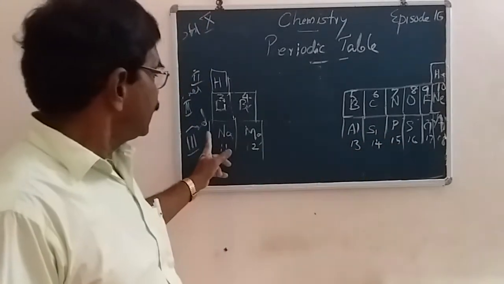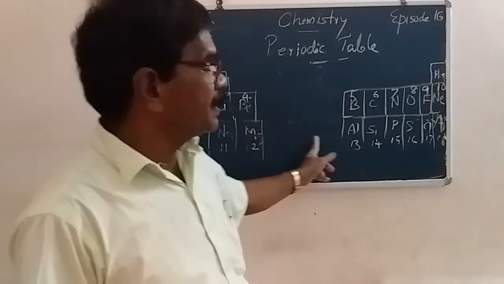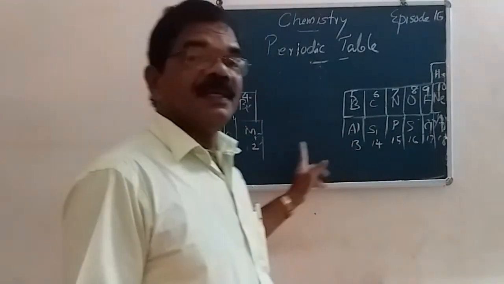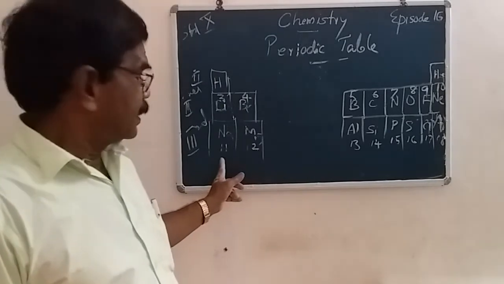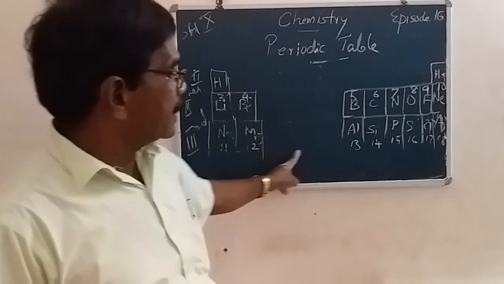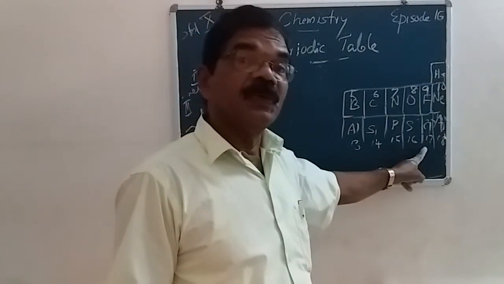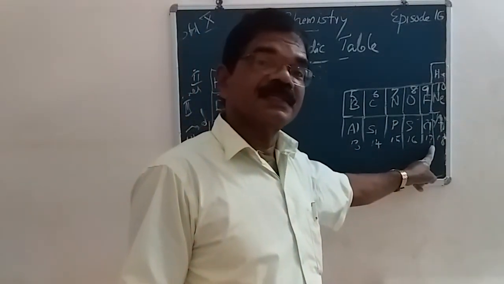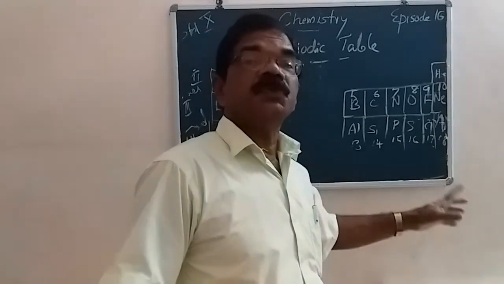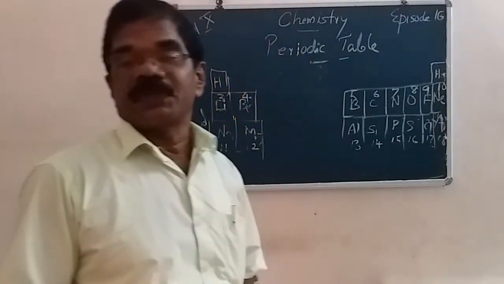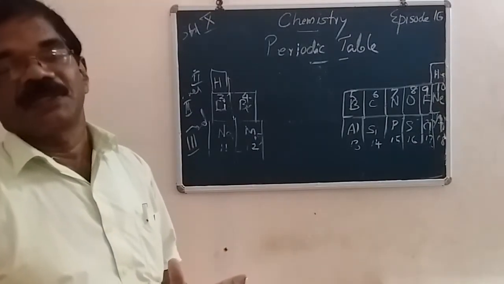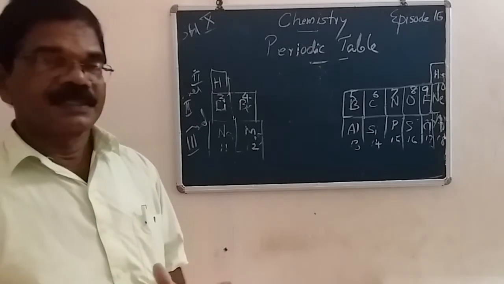In a period, the size of the atom decreases from left to right. Why? In a period, from left to right, the nuclear charge increases. Hence, it attracts the electrons more towards the center. So the shells become closer to the nucleus, therefore the size of the atom decreases.